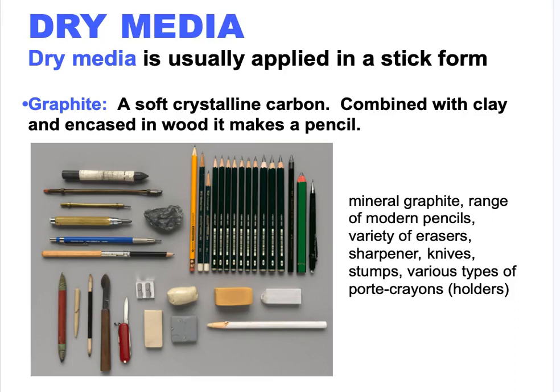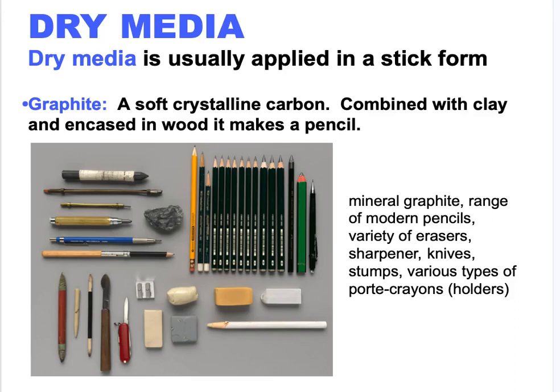The more clay that is added to the actual graphite, the lighter the marks will be. It's basically like thinning it down, putting a filler in there. The clay is kind of like a filler. And so they mix it with clay in different amounts, and the less clay, the darker the graphite mark will be. The more clay, the lighter the graphite will be.